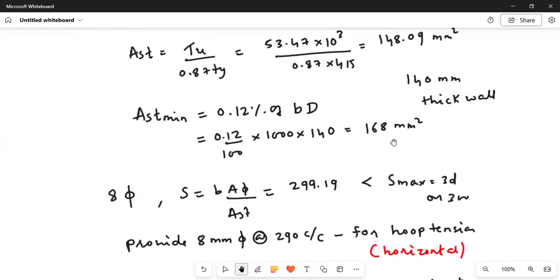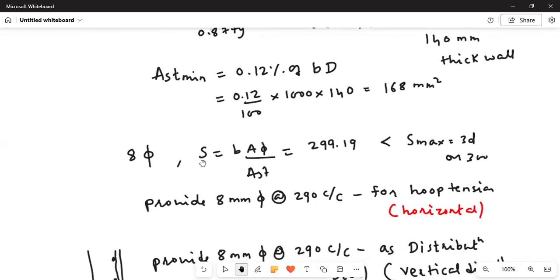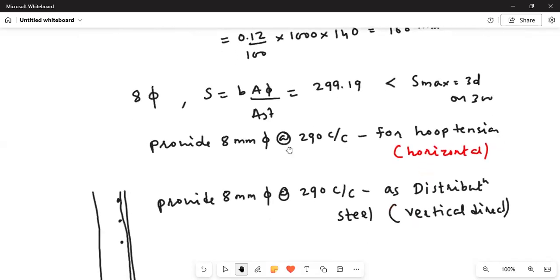You have to provide the minimum. You can assume 8 mm diameter of bar and find the spacing. Spacing is 299.19, and this spacing should be less than 3d or 300 mm. So provide 8 mm bars at 290 mm center to center in the horizontal direction. This reinforcement is provided for the hoop tension.